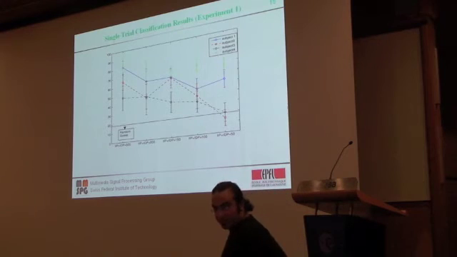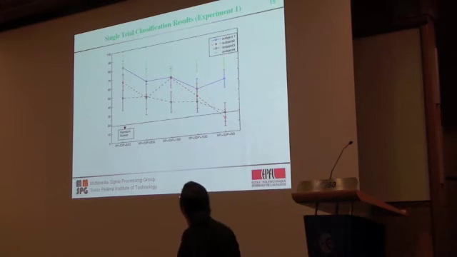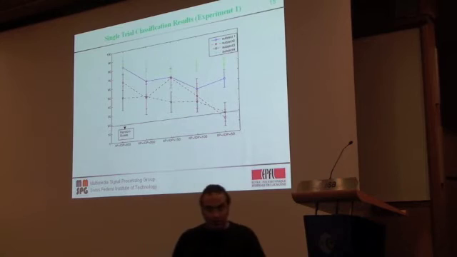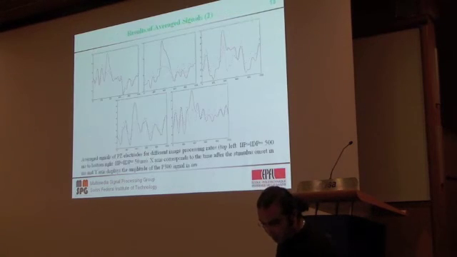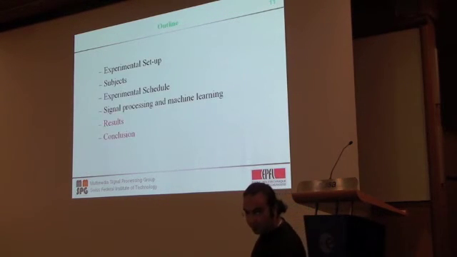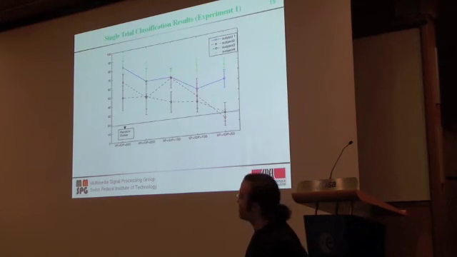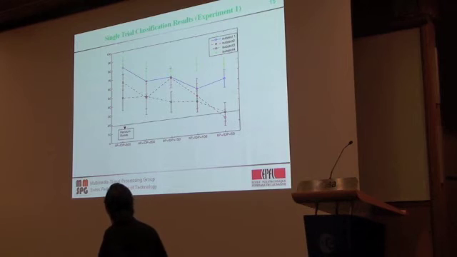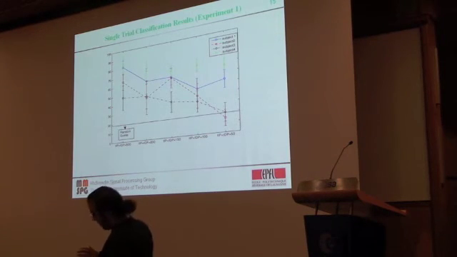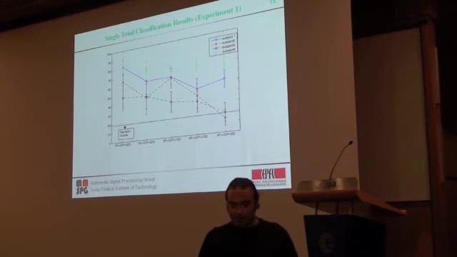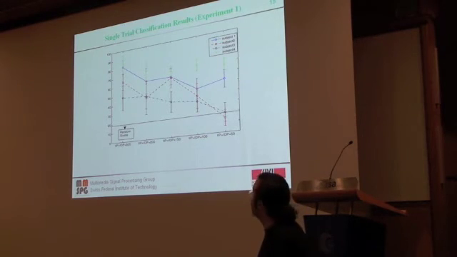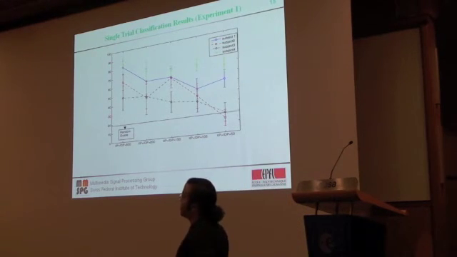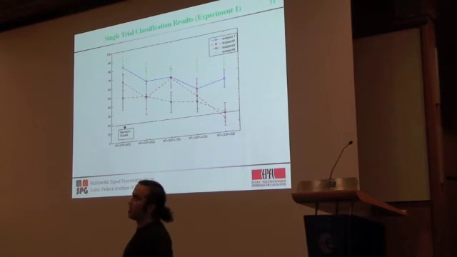This is the F measure of the classification system. Actually, I forgot to talk about this when I talked about signal processing algorithms. For classification of the signal, the final extracted P300 signal was again decimated to 32 hertz because the maximum frequency component of the signal was 16.